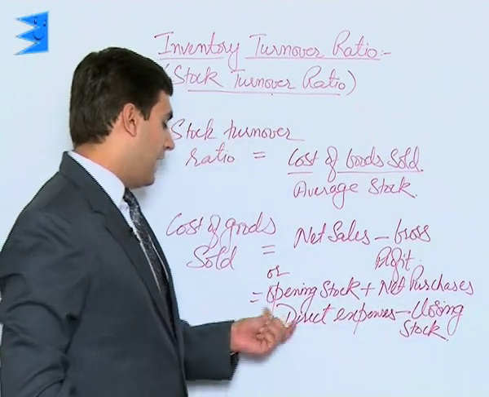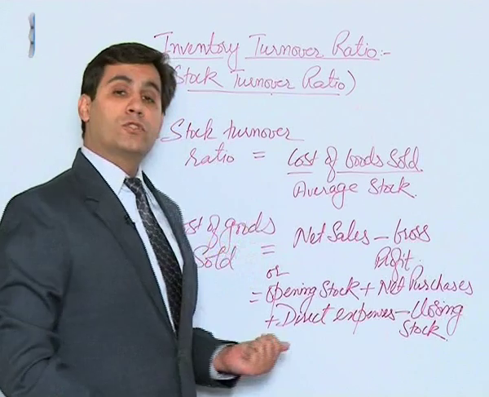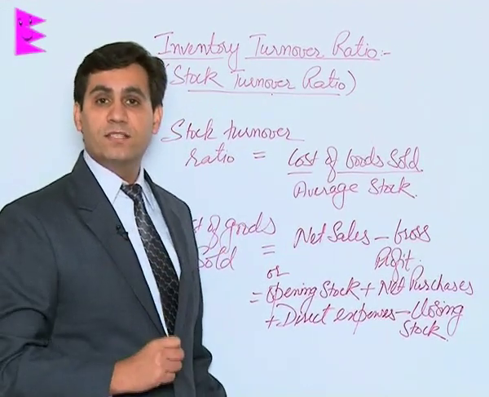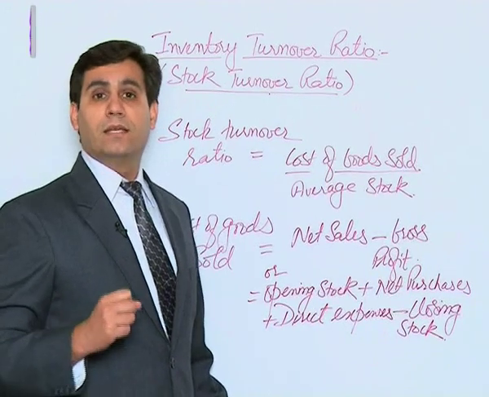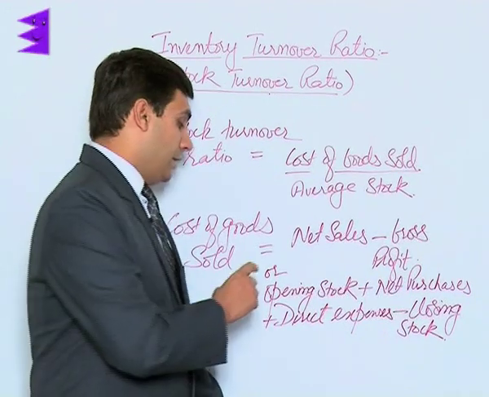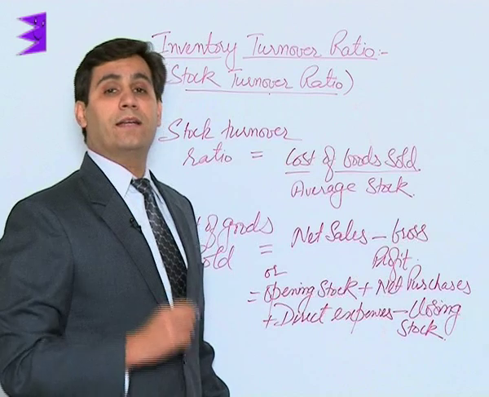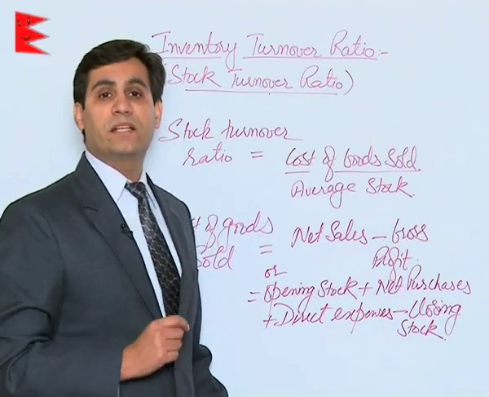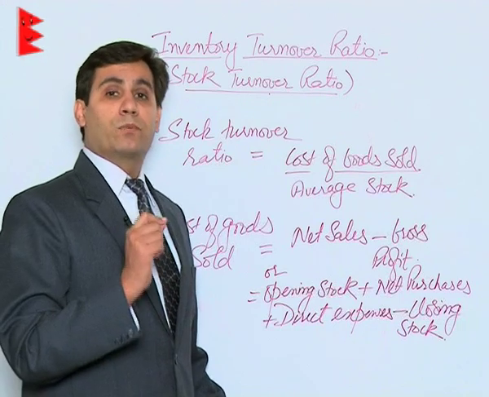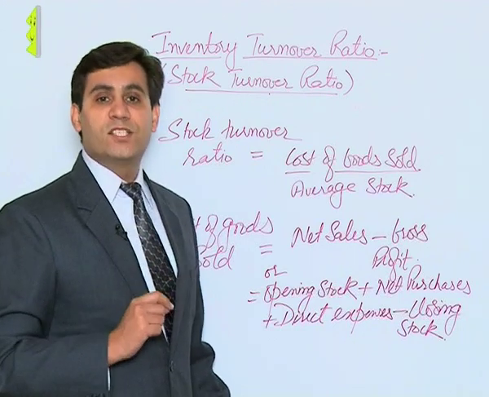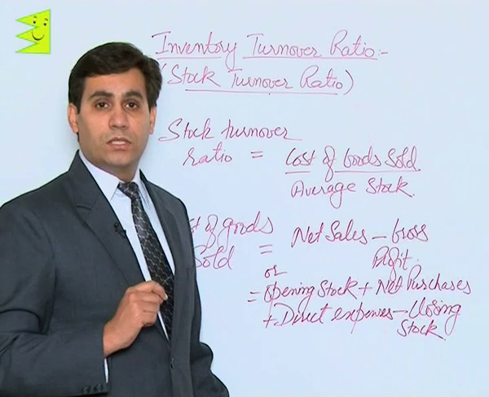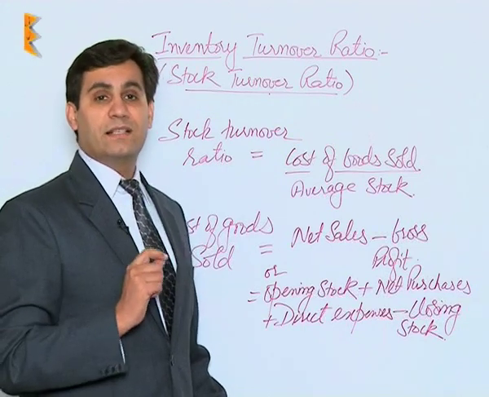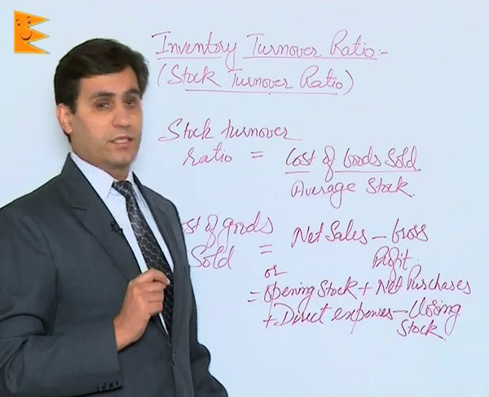So now students, this is the direct formula. The cost of goods sold is equal to opening stock plus net purchases. By net purchases we mean purchase minus purchase returns. Then to this total we add direct expenses. By direct expenses we mean those expenses which are incurred directly on the production process. Something like wages, carriage inwards, those items which are actually written in trading account, they are considered to be direct expenses.